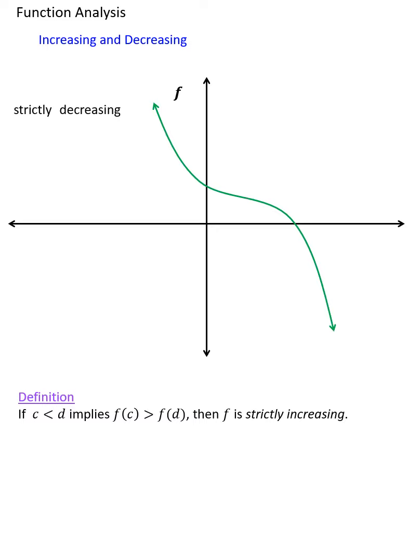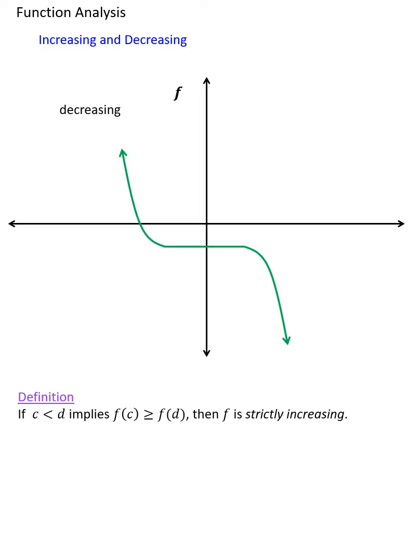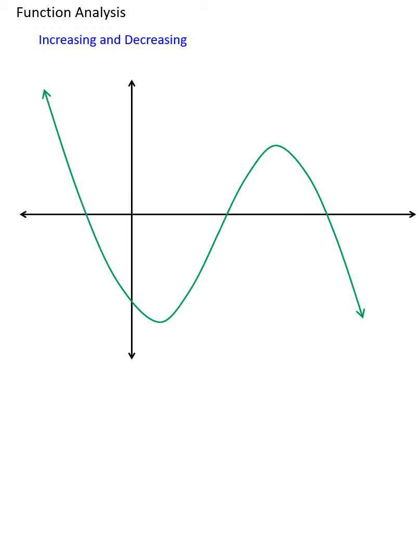Hit pause if you want to analyze the mathematical definition. Or if we took the word strictly out, we could call this a decreasing function and have a similar analogous definition to that which we had for increasing.